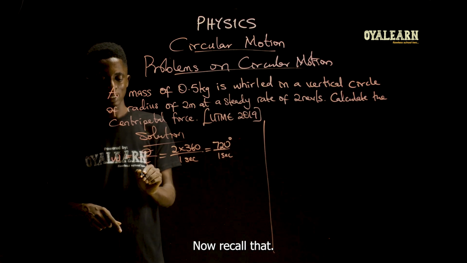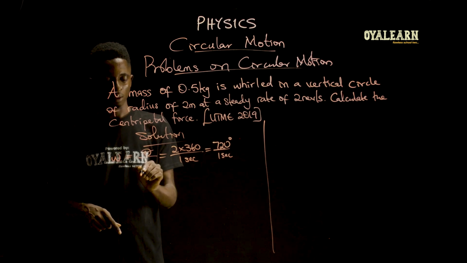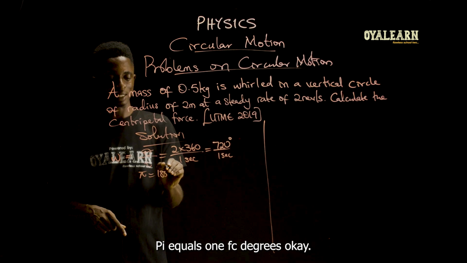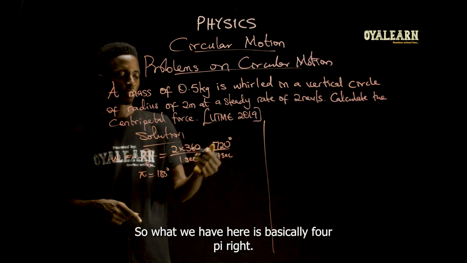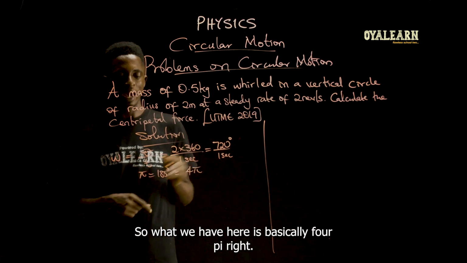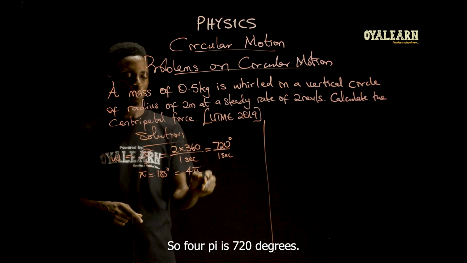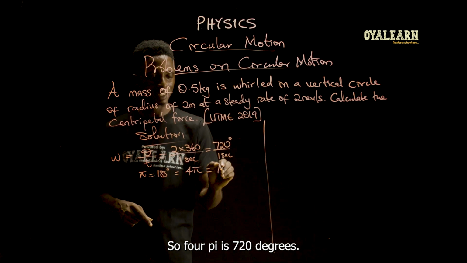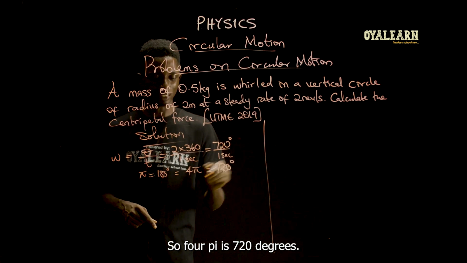Now recall that pi equals 180 degrees. Okay, so what we have here is basically 4 pi, right? So 4 pi is 720 degrees.